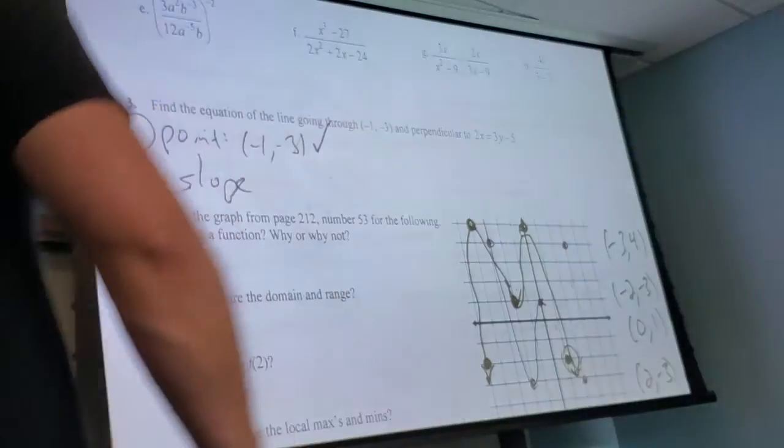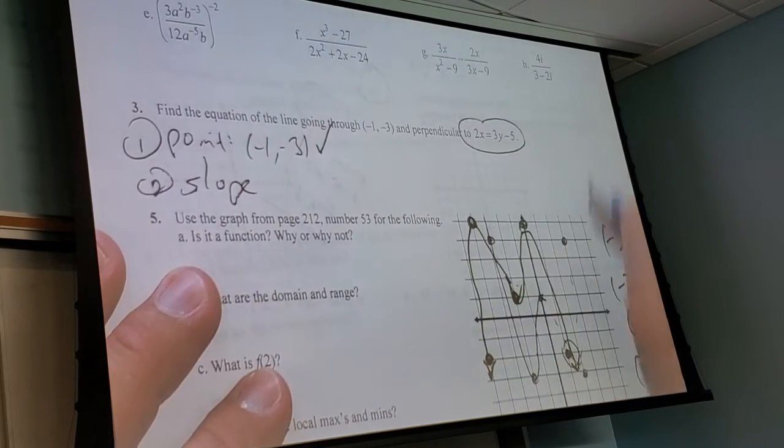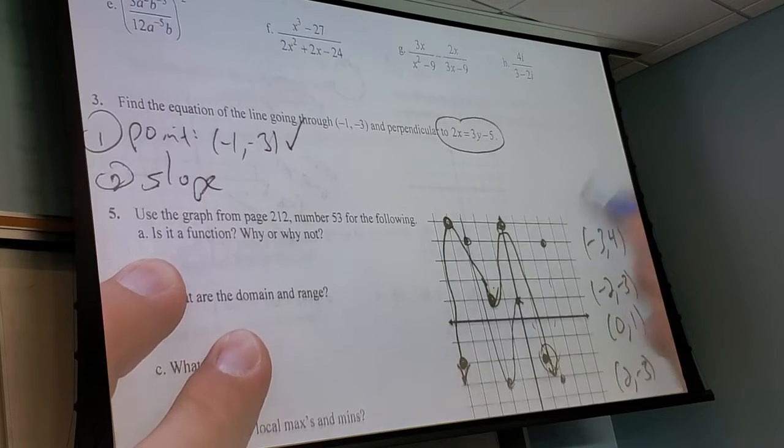So, if I have a line that is perpendicular to another line, and I know that line's slope, my slope is the negative reciprocal of that. It's the complete opposite. Parallel, totally the same. Perpendicular, completely opposite. So what is this guy's slope? What's the quickest way to figure out his slope?